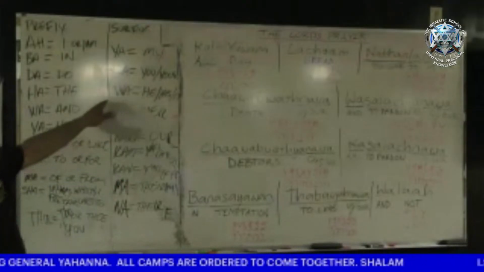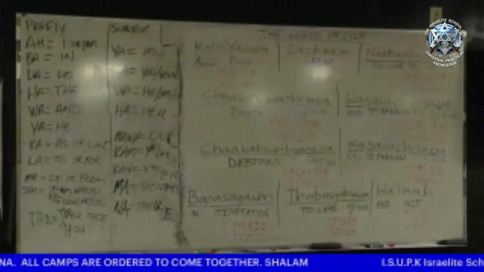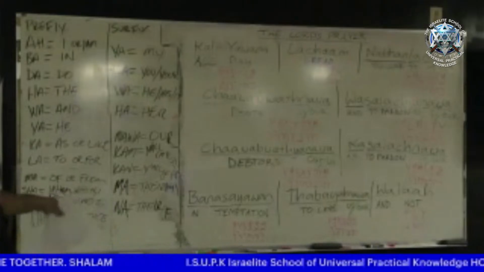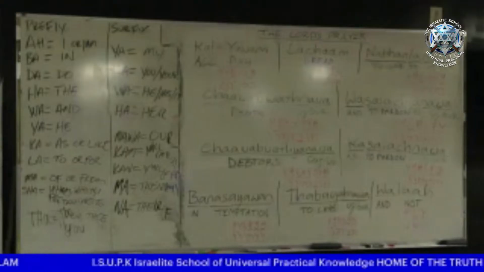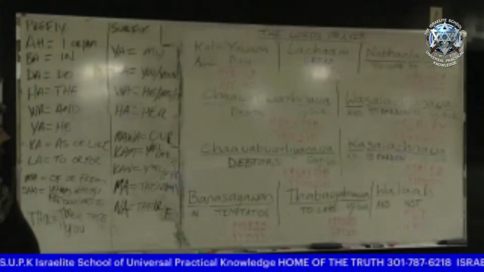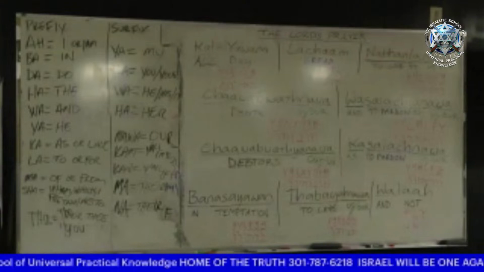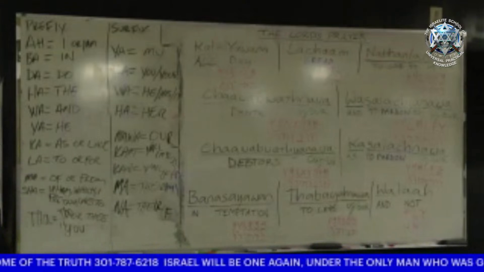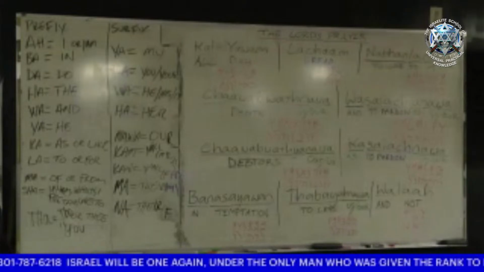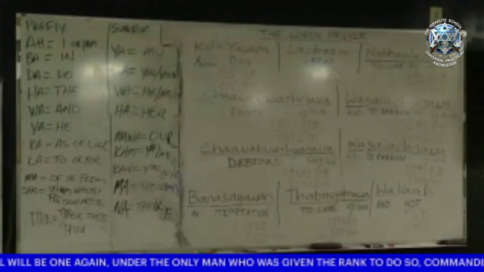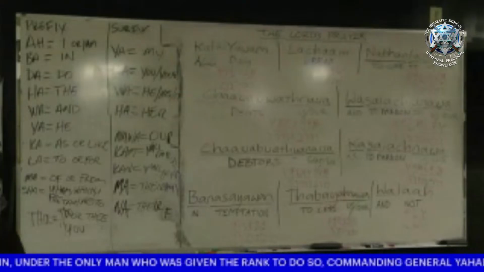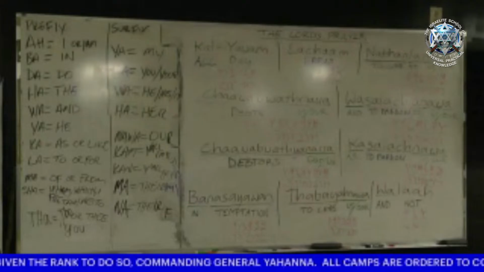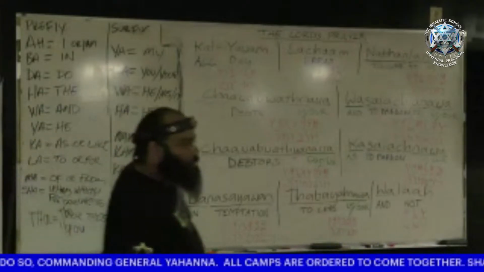And then we have give us this day our daily bread, and forgive us our debts as we forgive our debtors, and lead us not into temptation. And it's worded a little bit different because that's how the Hebrew translates it. I'm saying, Nathan la, give us bread all day, and pardon us our debts as we pardon our debtors, and not to lead us in temptation.